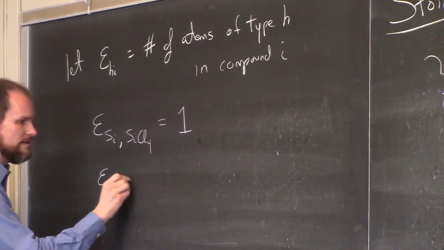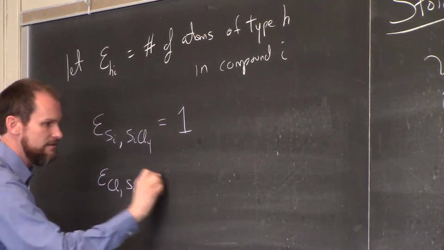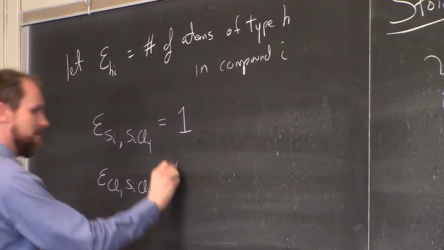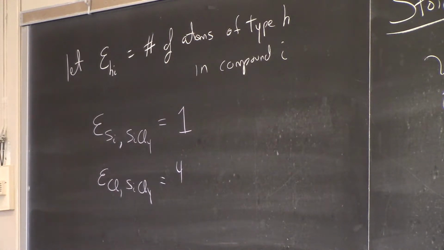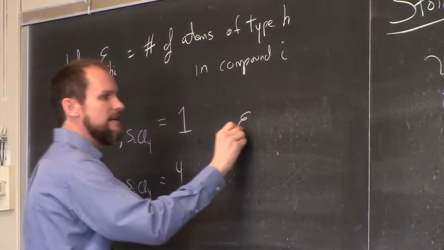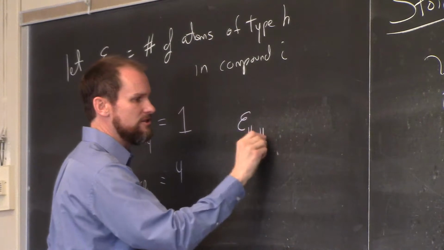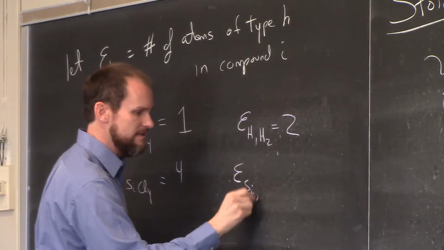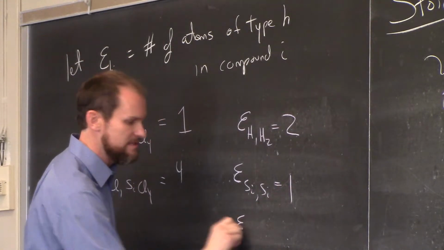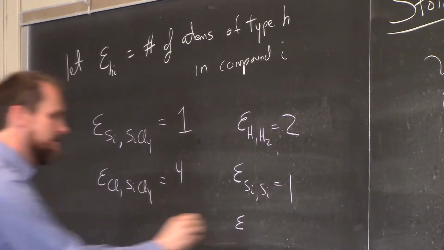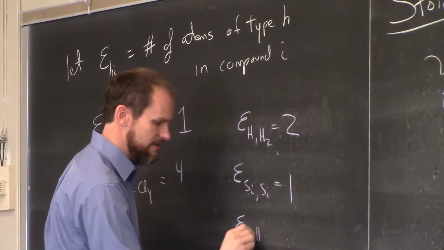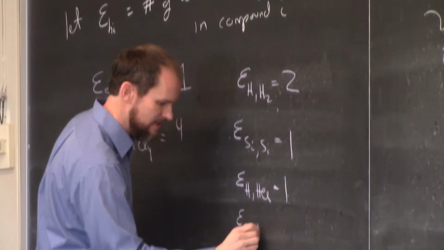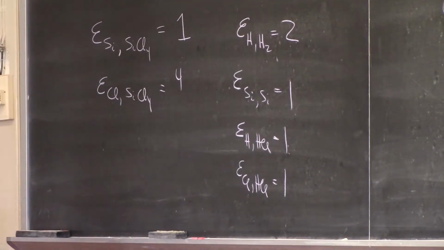Epsilon of chlorine in silicon tetrachloride is 4. Epsilon of hydrogen in H2 is 2. Epsilon of silicon in silicon is 1. Epsilon of hydrogen in HCl is 1, and epsilon of chlorine in HCl is also 1.